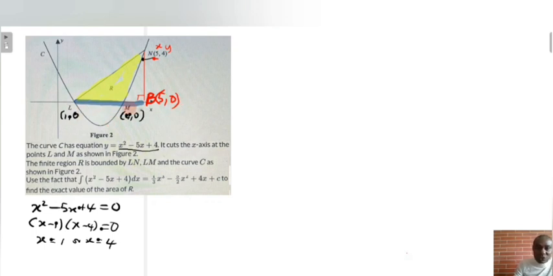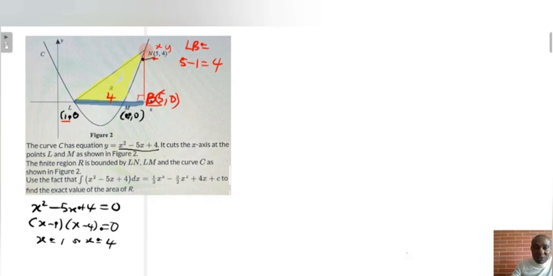So we can get the length of LB, which will simply be equal to 5 minus 1. That's equal to 4, because the x value here is 5 and the x value here is 1. So the length of this is 4.